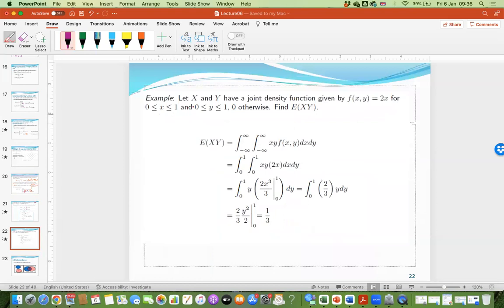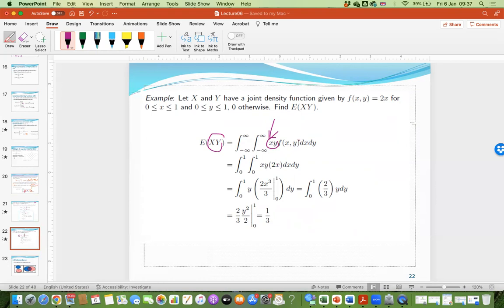So another example, let X and Y have a joint density. And this time we find the mean of the joint density function. So what you need to do is you add xy this time, because you are looking for E[XY].